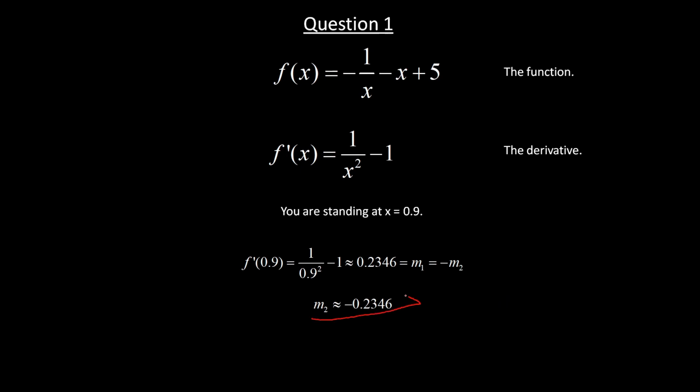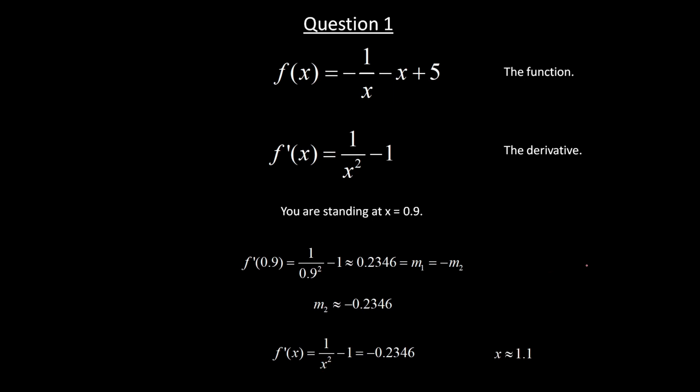And so we're going to take this slope and solve the derivative with this as the output. So we'll set the derivative equal to the slope that we want to have, and then we can solve for the position that the slope occurs at.